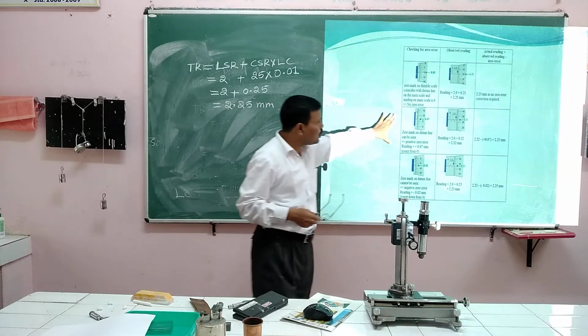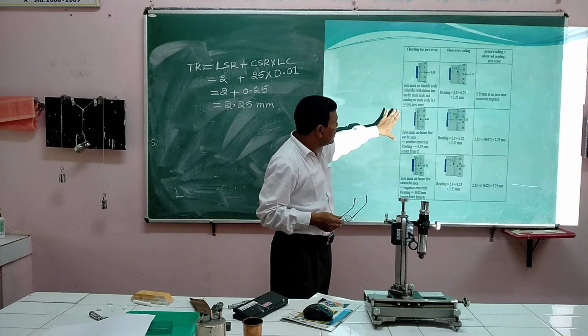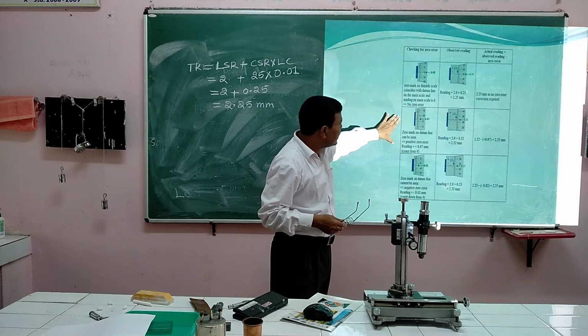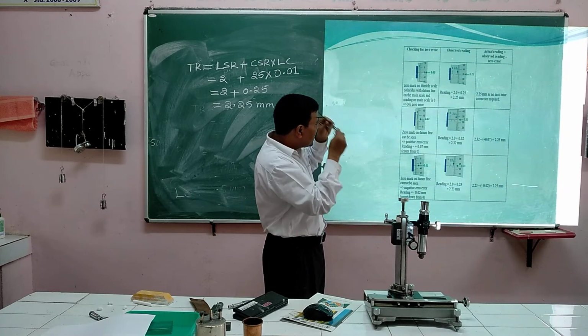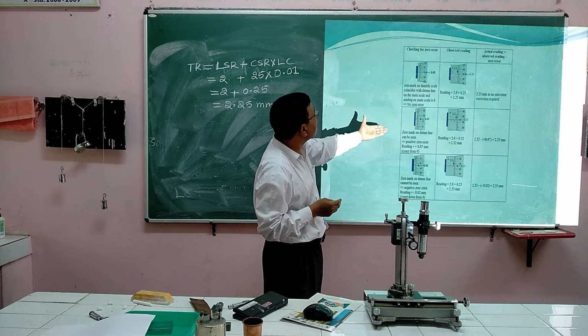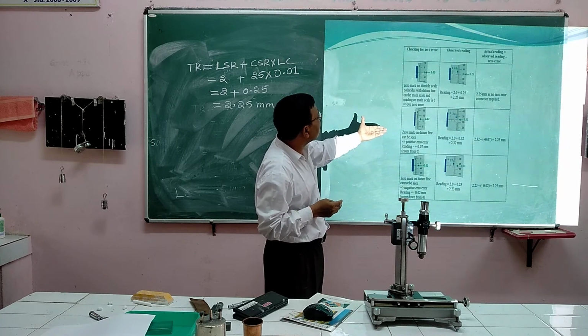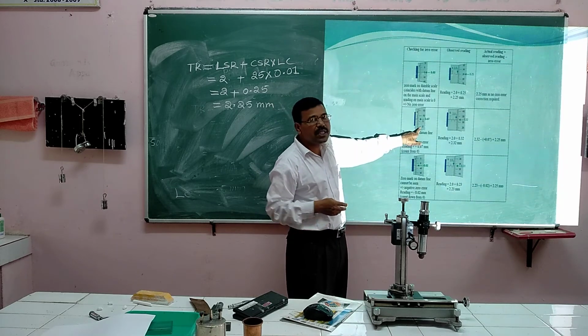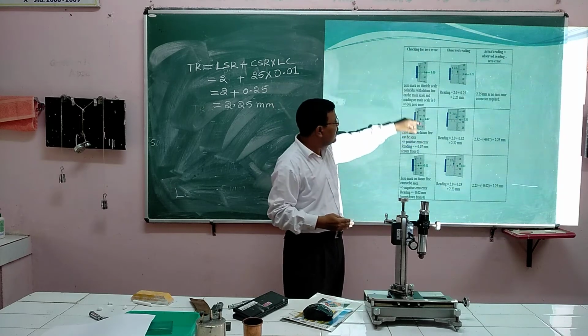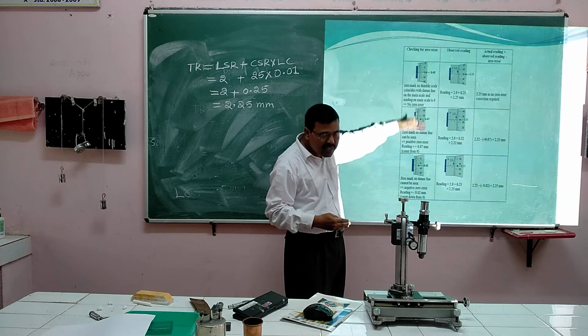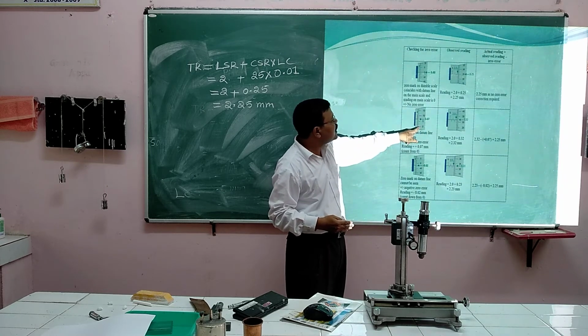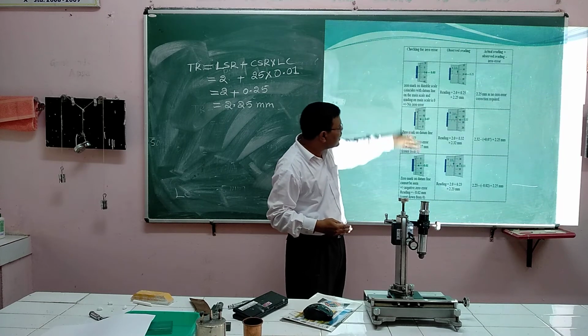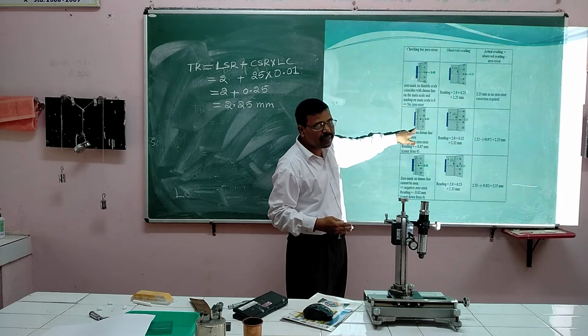Now let us go to the error. Let us find out whether this instrument contains negative error or positive error. Look here. The zero of the circular scale lies below the reference line.